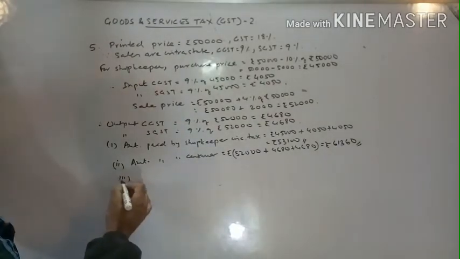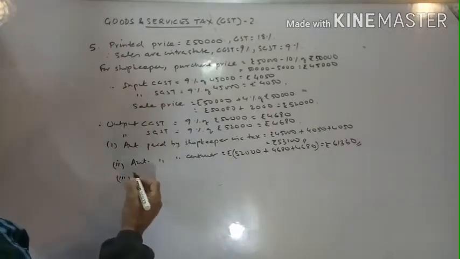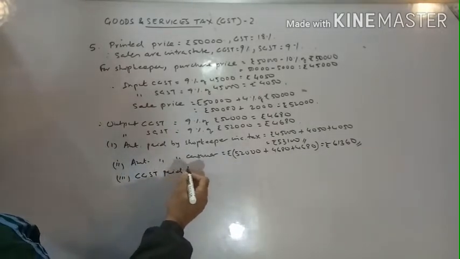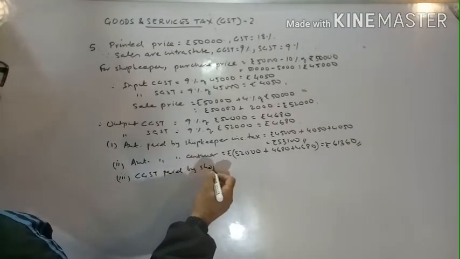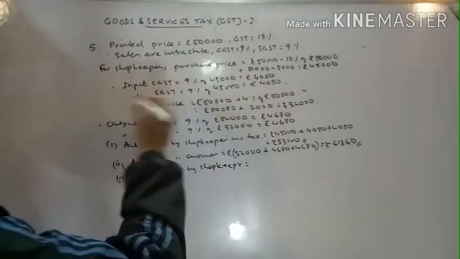Now question number 3 says the amount of tax paid by the shopkeeper to the central government. So CGST paid by the shopkeeper is equal to output minus input.